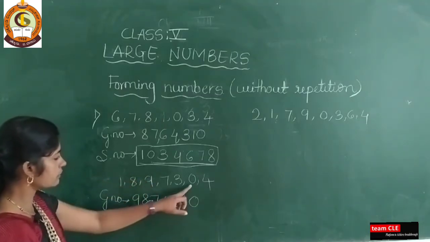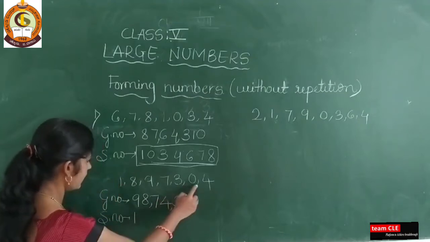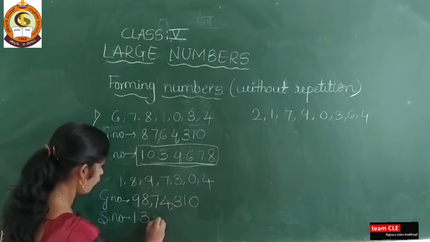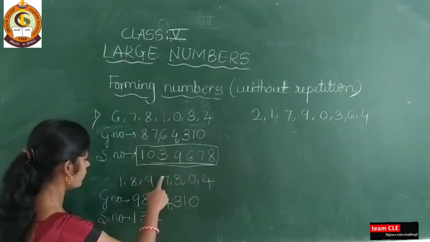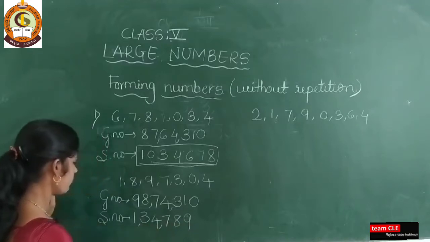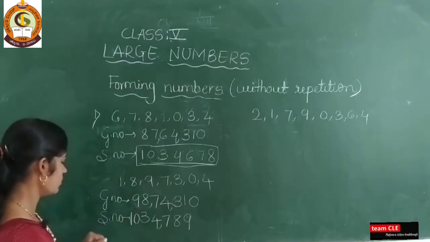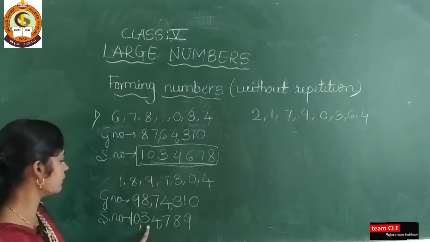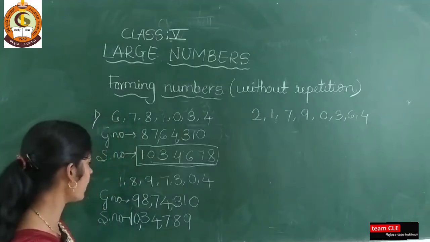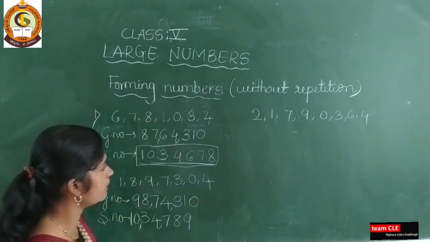So after 0 which one is small here? 1. So write 1 here. After that which one is small? 3. Next what is there? 4. After 4 which one is small here? 7, 8, 9. I forgot to write 0, so write 0 also. So 10,34,789 is the smallest number by using these digits. So this is a 7 digit number.